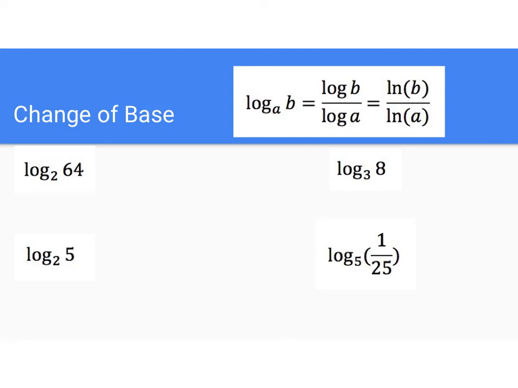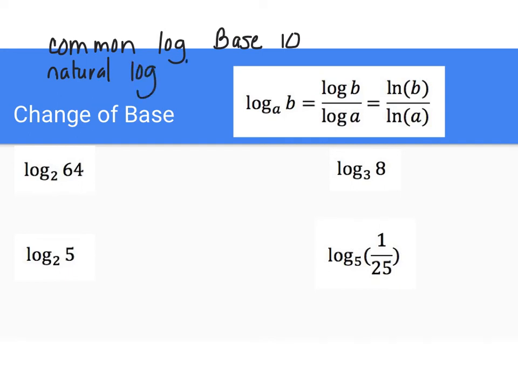The next rule we need to know is the change of base. We talked on Friday, or Thursday as well, about how the common log is your base 10, which is when we drop that number. And we talked about how your natural log happens when you have base e.